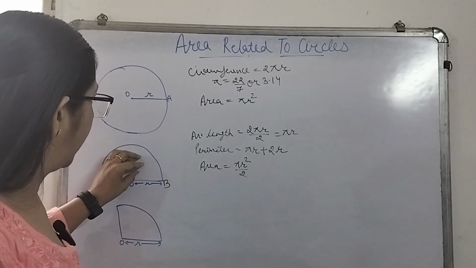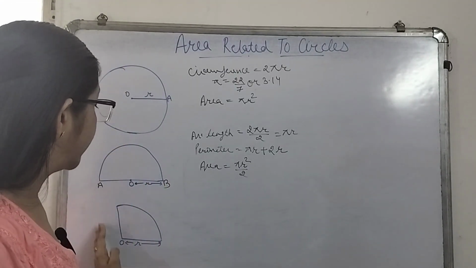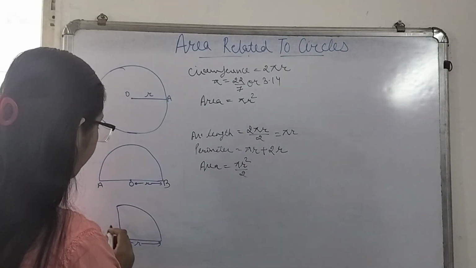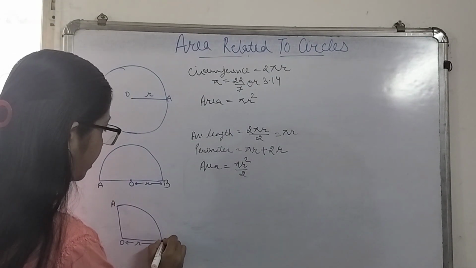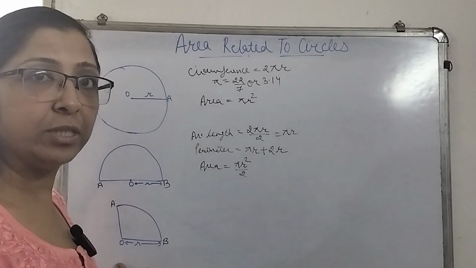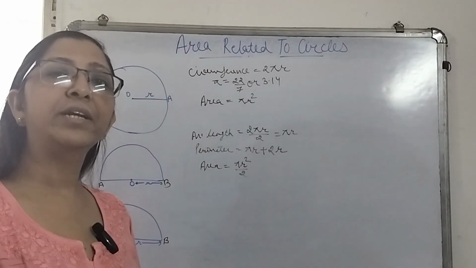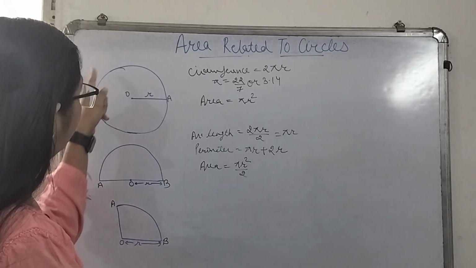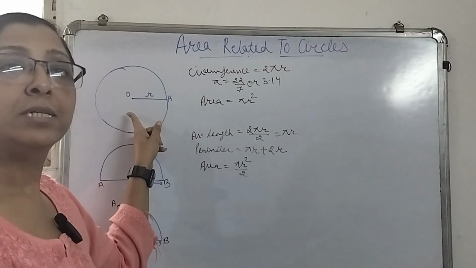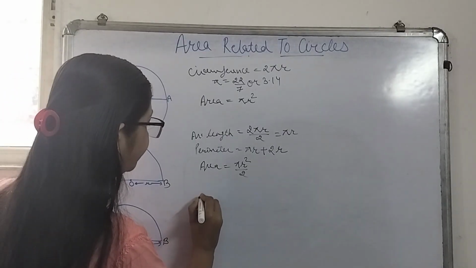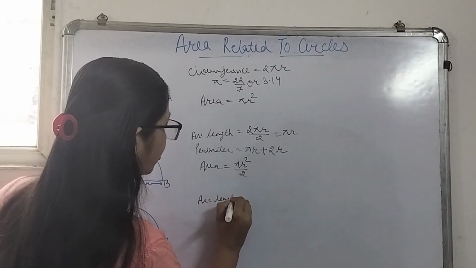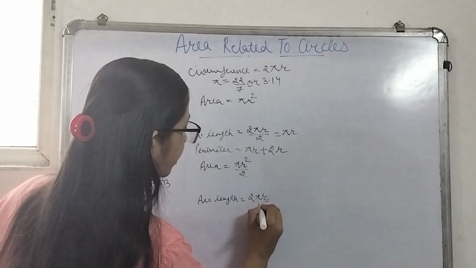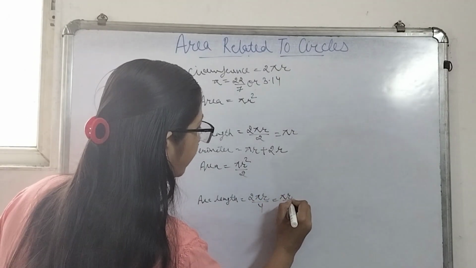Now instead of half, if it is 1/4, that is a quadrant. If we take the quadrant of a circle, suppose this point is A, this point is B, O is the center and R is the radius of the circle. The arc length here is 1/4 of the circumference of the circle, so it is 1/4 of 2 pi r, that is 2 pi r divided by 4, which is pi r by 2.